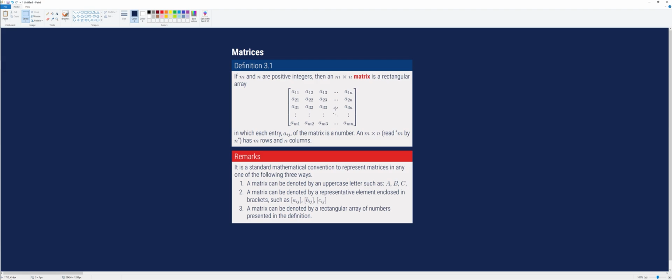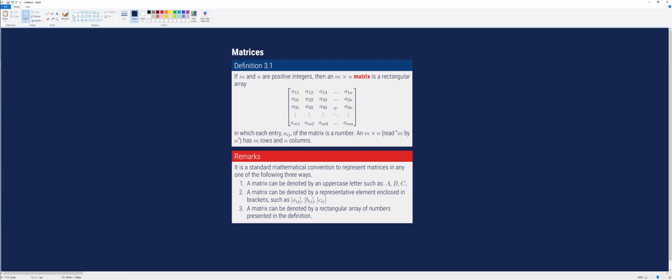If m and n are positive integers, then an m by n matrix is a rectangular array in which each entry, a sub ij, of the matrix is a number, and m by n has m rows and n columns. It is standard mathematical convention to represent matrices in any of the following three ways.